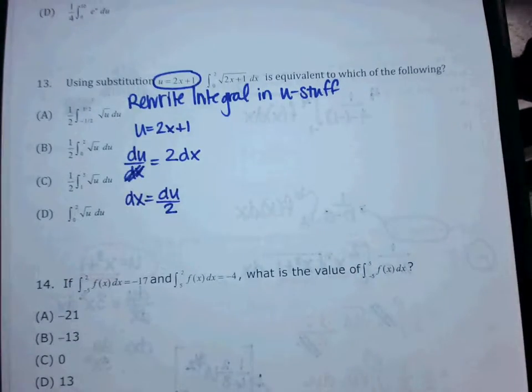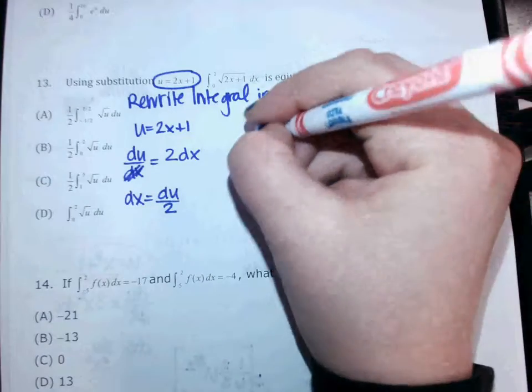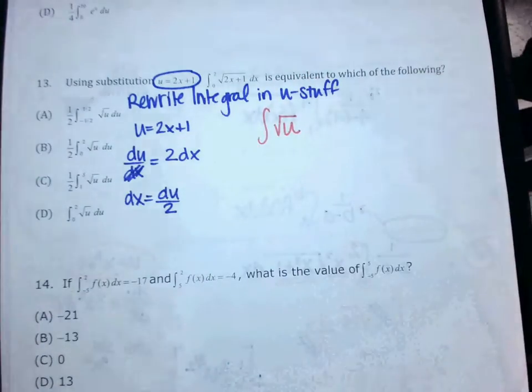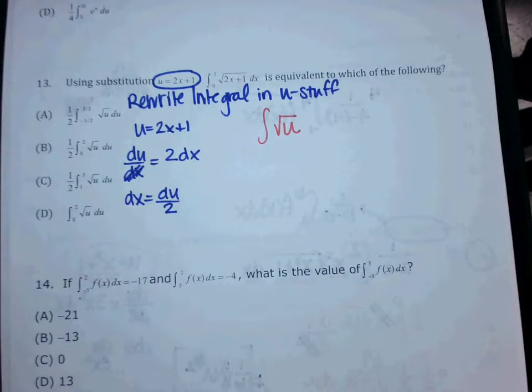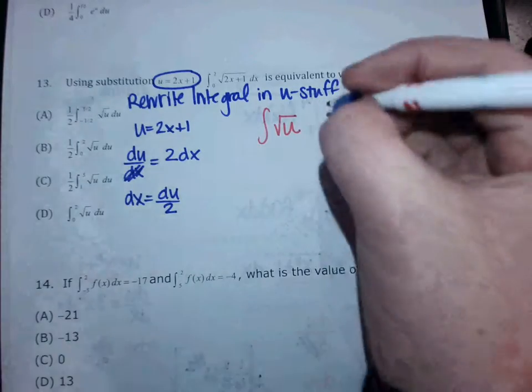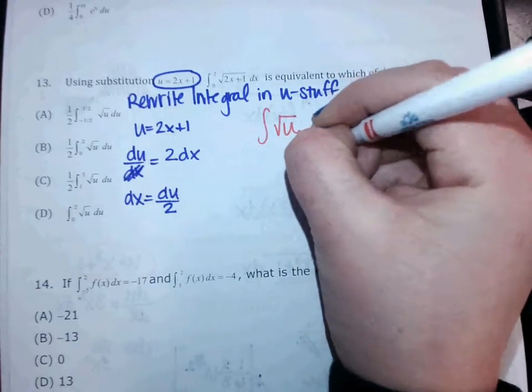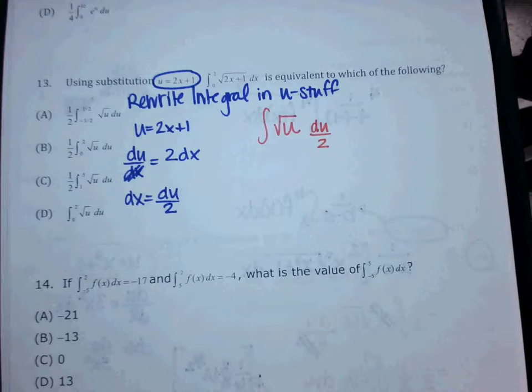Okay, ready? We're going to rewrite our integral now. So it's going to be the integral of the square root of u, because notice my 2x plus 1 is now a u, and then my dx is now a du over 2. Now, do I have any x's left over in this one? No. Then you're ready to change your endpoints.